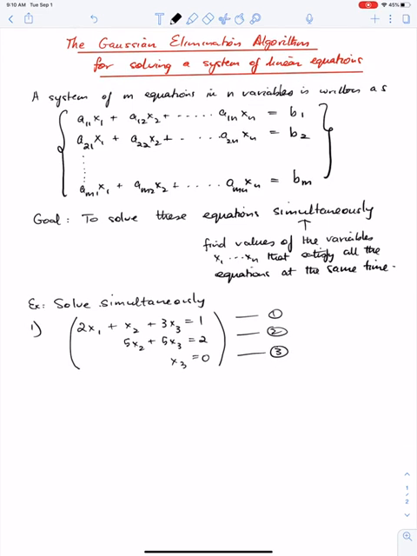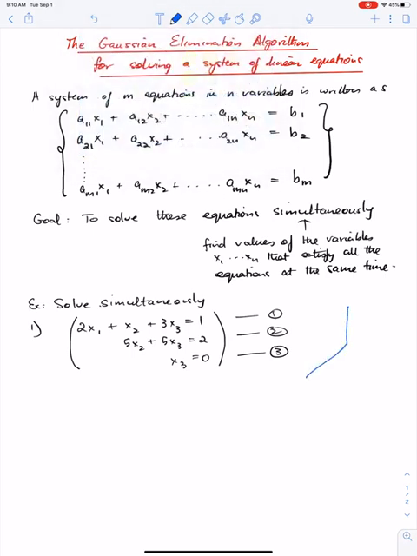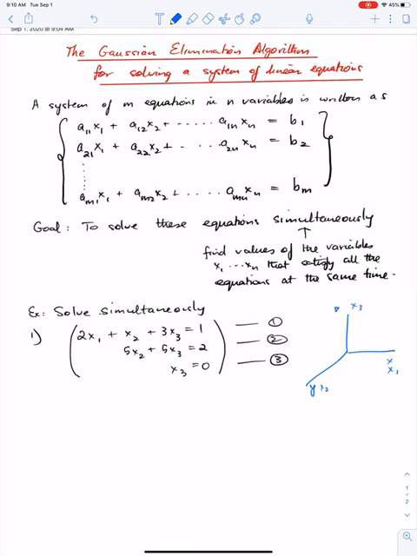So what are we really doing here? What are we looking at? The first equation is a plane in R3. R3 is our three-dimension space that we live in. Think of this as the corner of the room. And this is your x, y, and z axis. Or you could say x1, x2, x3 axis in keeping with our notation here.